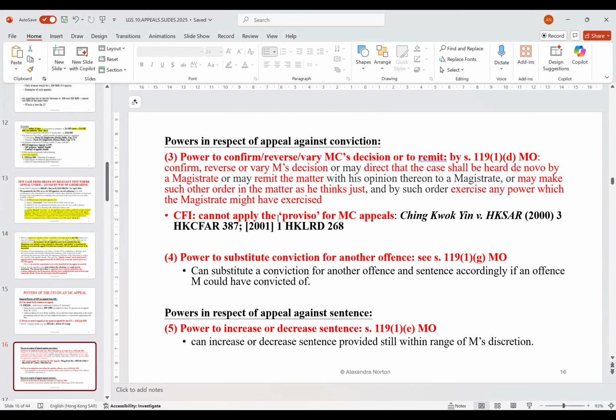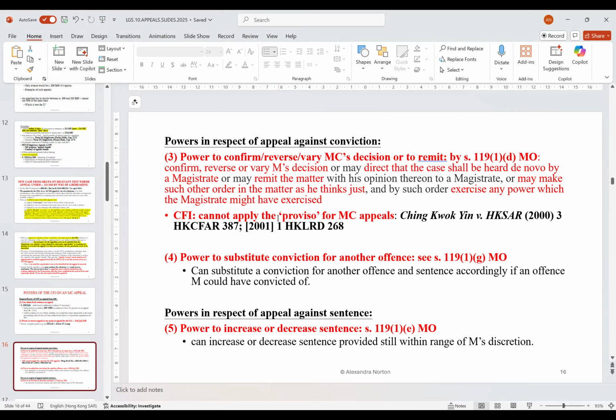But the proviso, just to briefly introduce it, is where the Court of Appeal can say on an appeal, although you technically have good grounds of appeal, we are satisfied that there has been no miscarriage of justice. Therefore, the defendant's conviction stands.